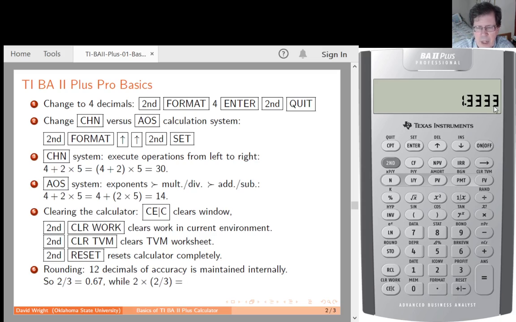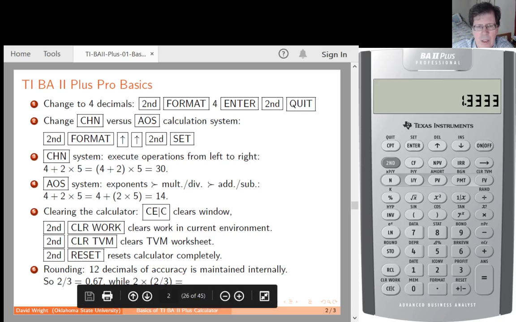Well, there's a problem there, because if I had 0.6667 and doubled it, that is not the same as 2 times the number ending with 7, because I'd end up with a 4 at the end of it. So you've got to be careful. The calculator is maintaining the accuracy to 12 decimals and rounding when you get to the end like that. Okay, let's go on to the next thing here.